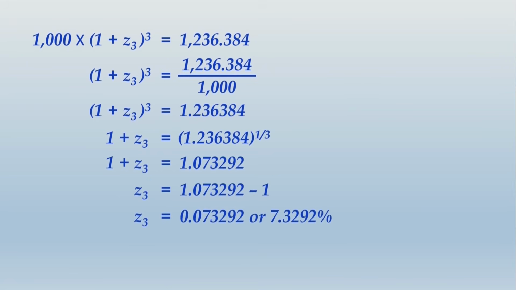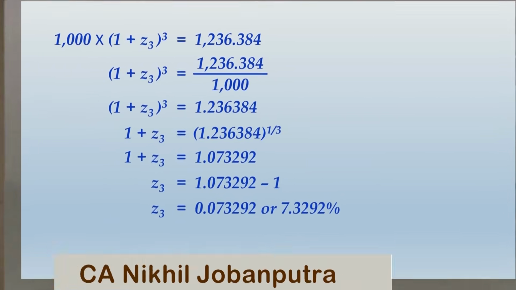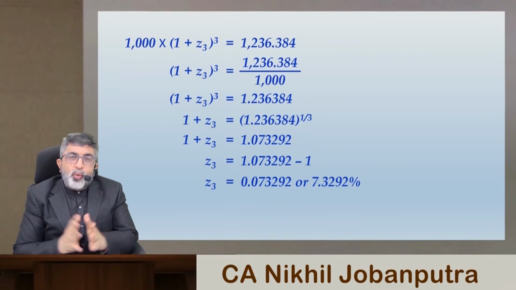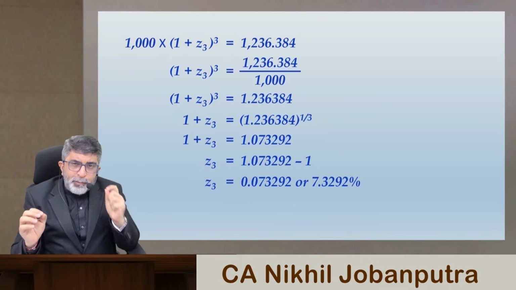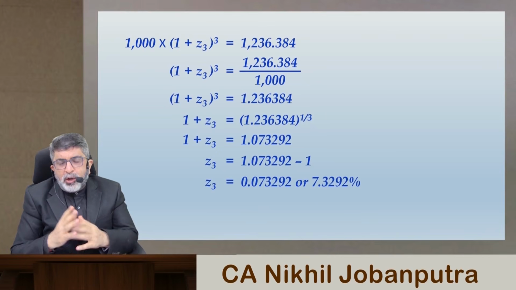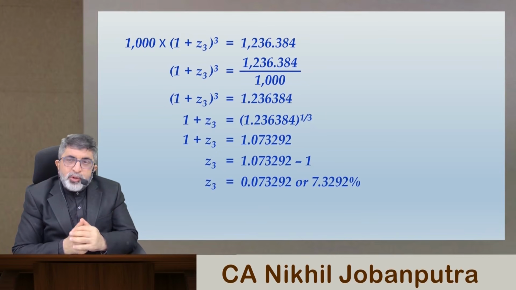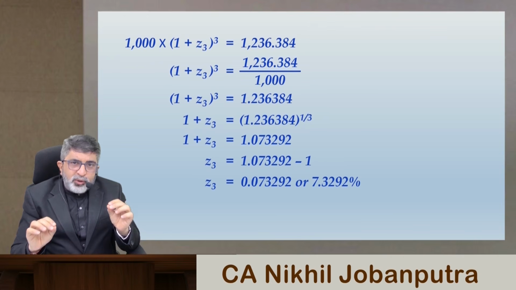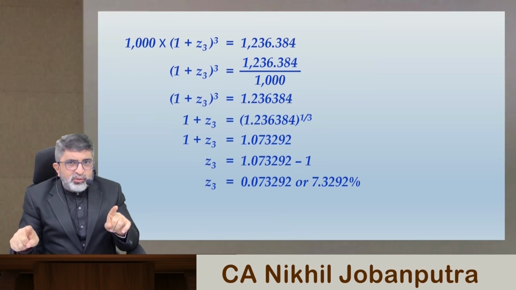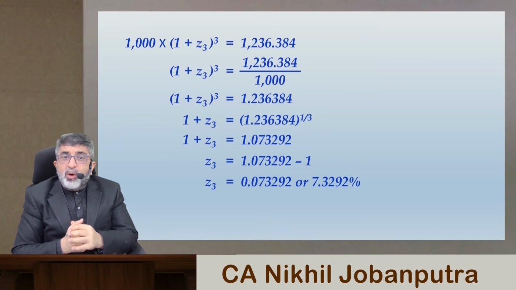Alright friends, once you have completed this as well, let us move ahead and talk about what we identify as implied forward rate. Now what is implied forward rate? So now if I give you the Z1 value and Z3 value, you should be able to arrive at F1,2.